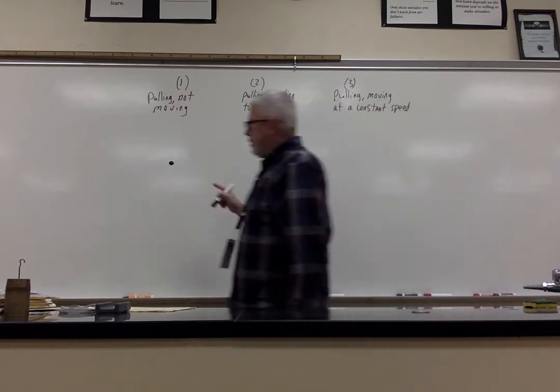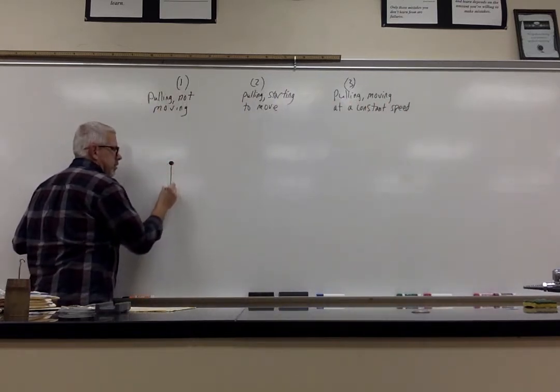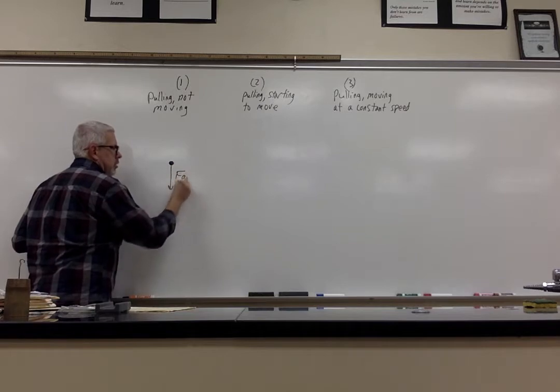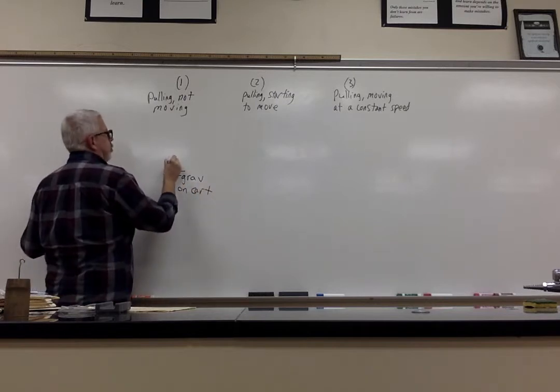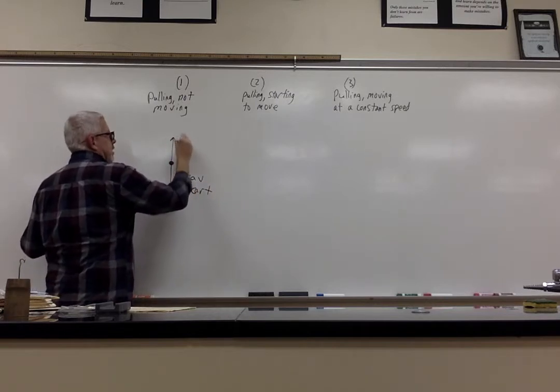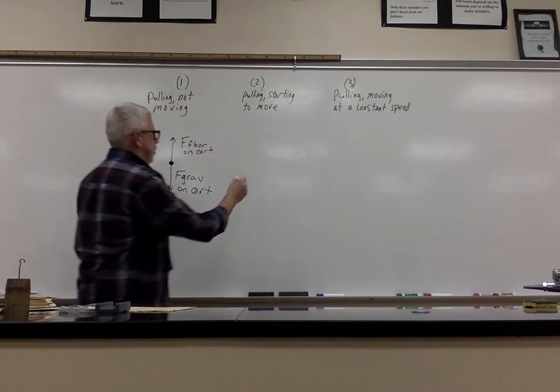So in this particular case, we know we've got force of gravity down. We know we've got the force of the floor up. In fact, that's not going to change for any of these. I probably could draw those for all 3 of them right now.